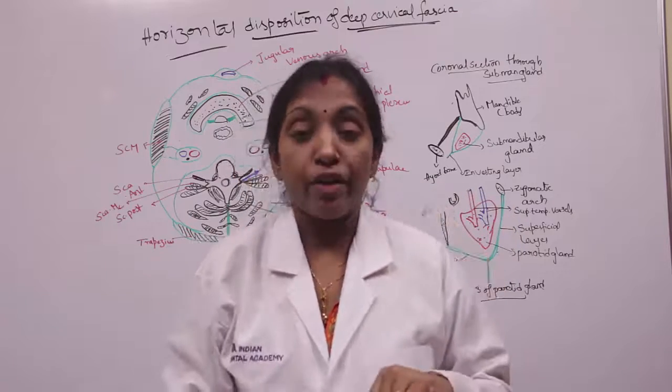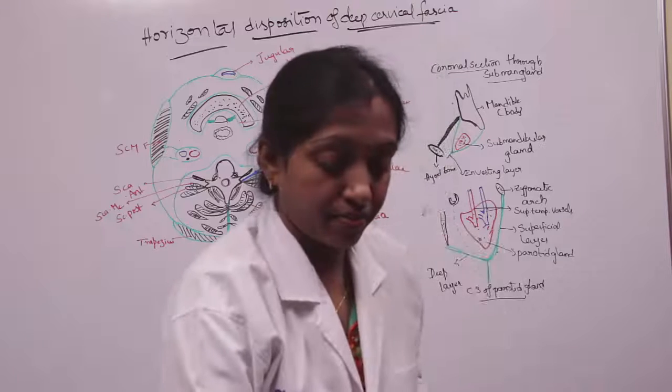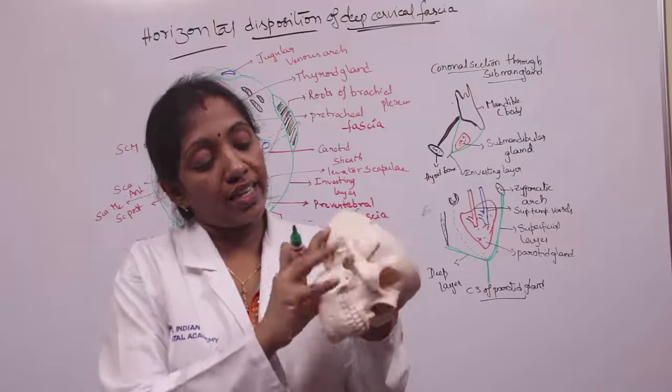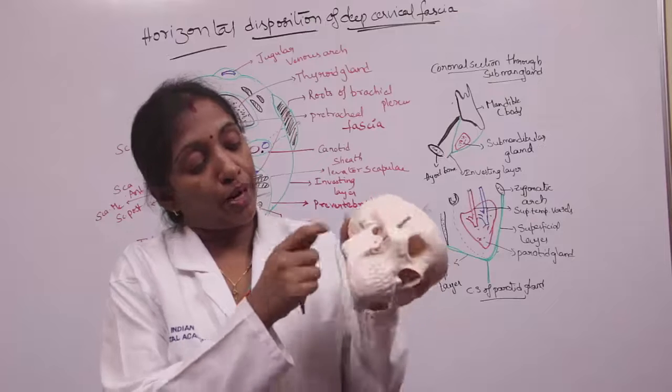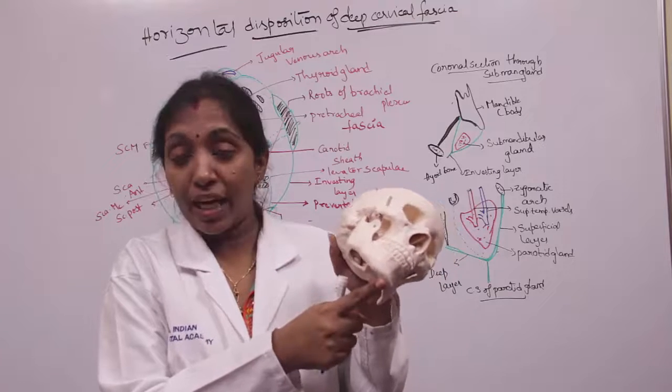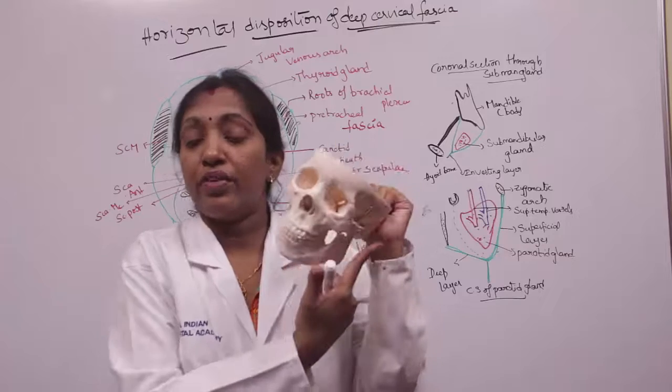And below the investing layer of deep cervical fascia. So above, it is attached to the external occipital protuberance and superior nuchal lines, mastoid process and mastoid part of temporal bone, external acoustic meatus, lower border of zygomatic arch, and lower border of the angle of the mandible up to the symphysis menti, and continuous with the similar fascia of the opposite side.